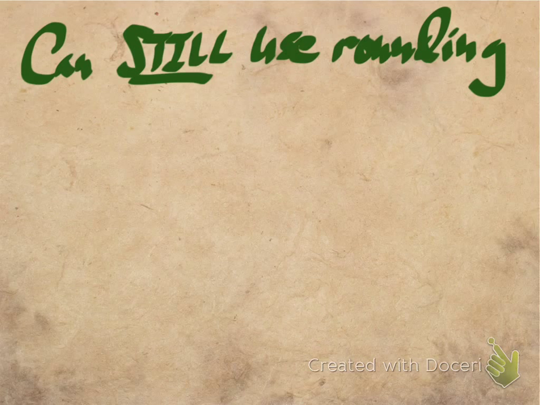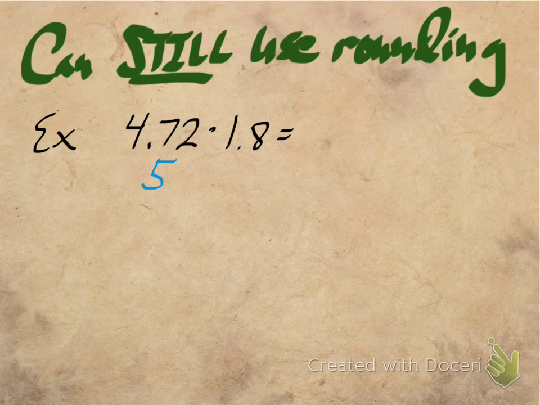But anyway, let's practice a little bit of old-fashioned rounding as used in multiplication and division. Let me give you an example problem of 4.72 times 1.8. This is pretty clear what we're going to do here. By the way, just because this is estimating, we still show our work. So 4.72, if we round both of these numbers to the nearest whole number, will round pretty easily to 5.